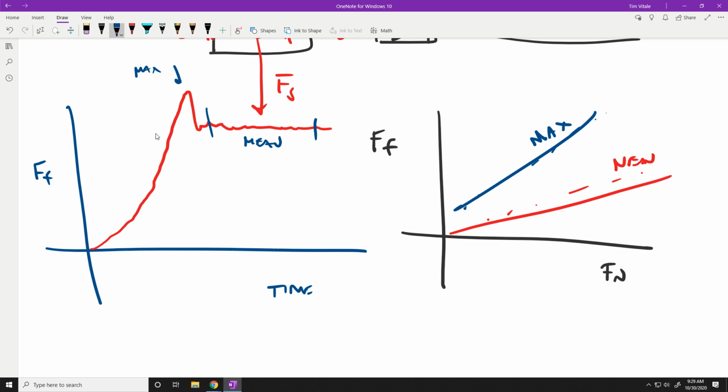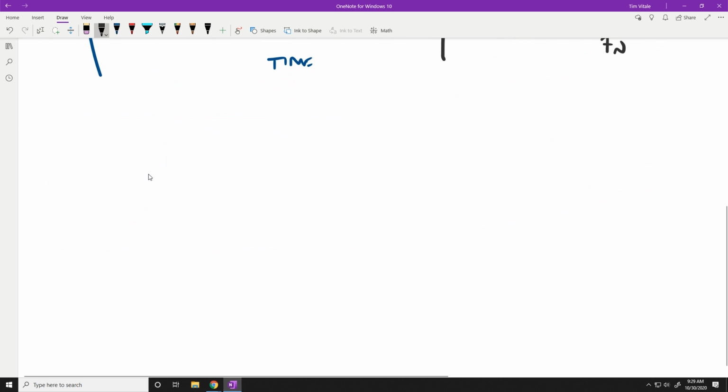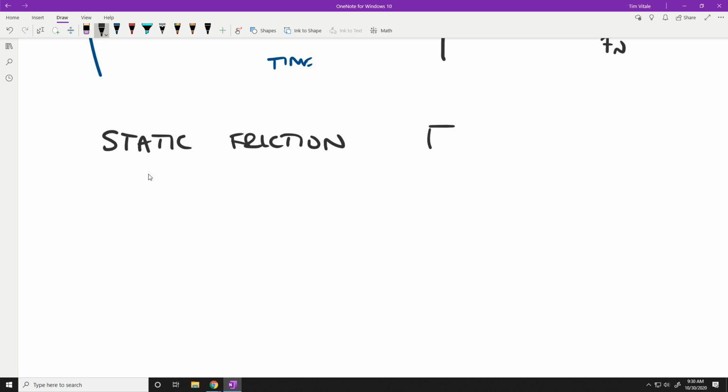This tells us that there's two different types of friction. The first type of friction is called static friction, and we abbreviate that to be FFS, like that. And then there's kinetic friction. Static friction is the friction that you experience without it moving.